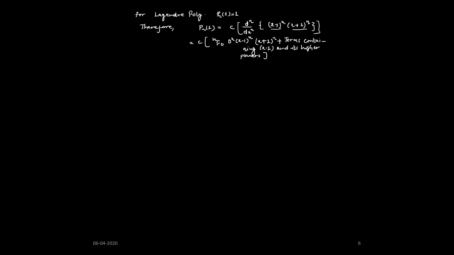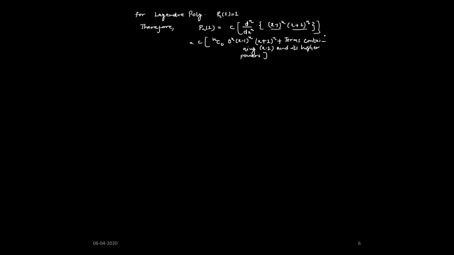So we'll get nc0, the nth derivative of x minus 1 raised to power n, and v is this, plus in the next term we will have nc1, and we will have a power dn minus 1 of x minus 1 raised to power n. So we'll have a power of x minus 1 here in the second term and in the subsequent terms also, right? So we will have terms containing x minus 1 and its higher powers.